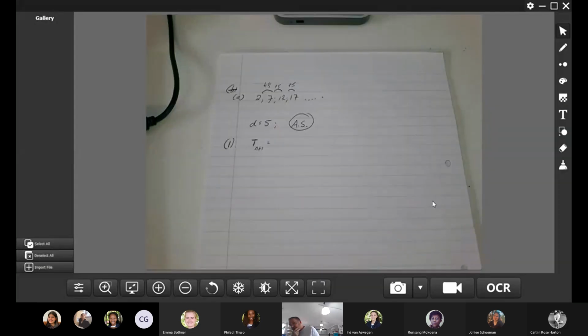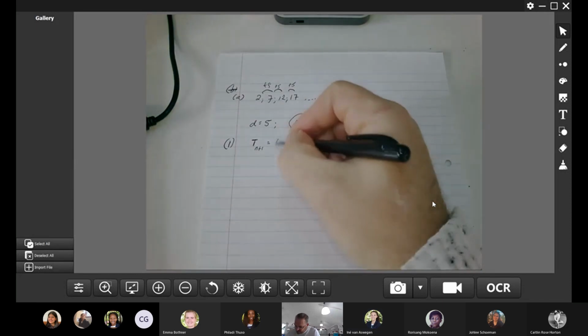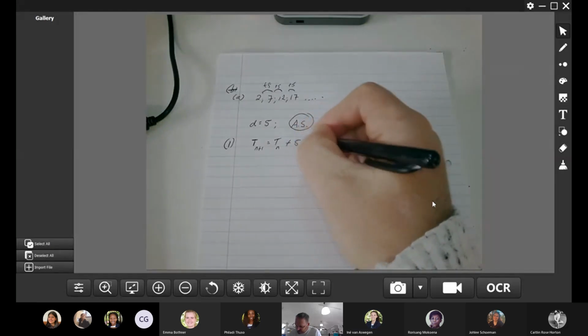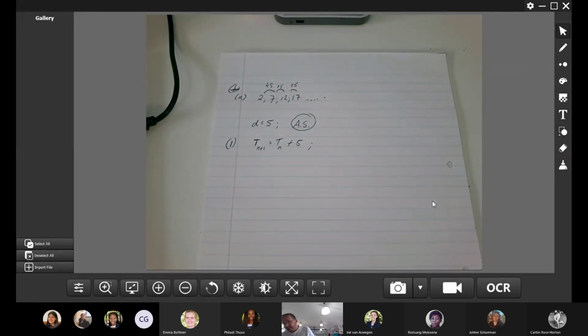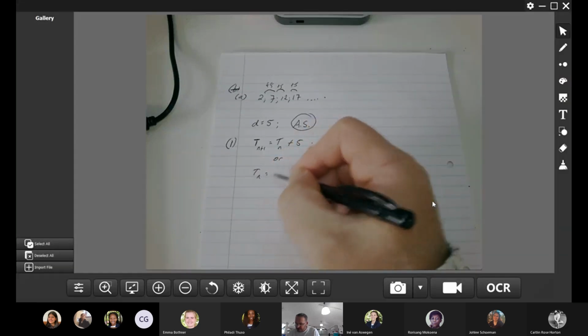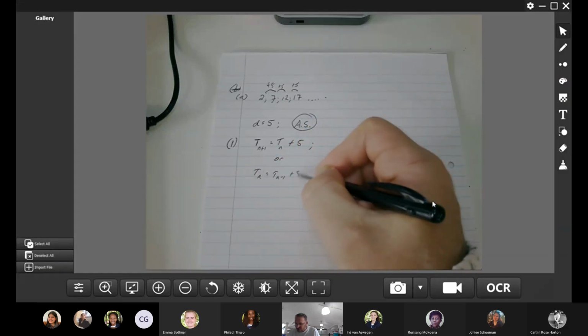If we're talking about term n plus 1, what's the term before it? Tn. Good. So it's equal to Tn. And what are you doing to get from one term to the next? Plus 5. Look at you, top of your game. Right. Okay. Or, for those of you who prefer, you could write Tn is equal to Tn minus 1 plus 5.